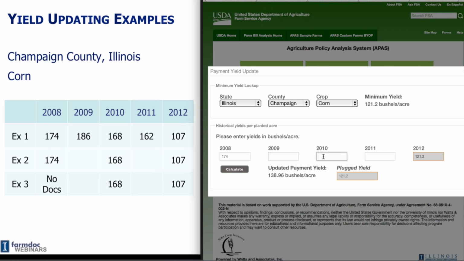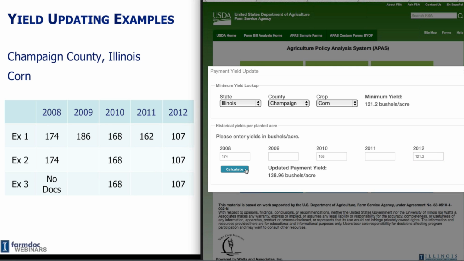So in this case, it'd be the average of the 3 years where there's yields. 90% of that is that updated payment yield of 138.96 bushels per acre. And yes, if you only have 1 year of yield, it will be 90% of that 1 year of yield. So if you have 1 year of plantings, your updated yield would be that yield.